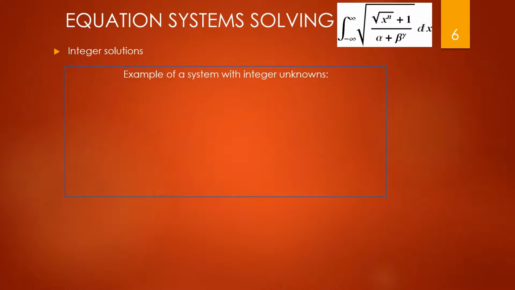Let's consider now another system where the solutions must be integer. For instance, we have the function of x, y, and z: 80 times x plus 60 times y plus 30 times z.